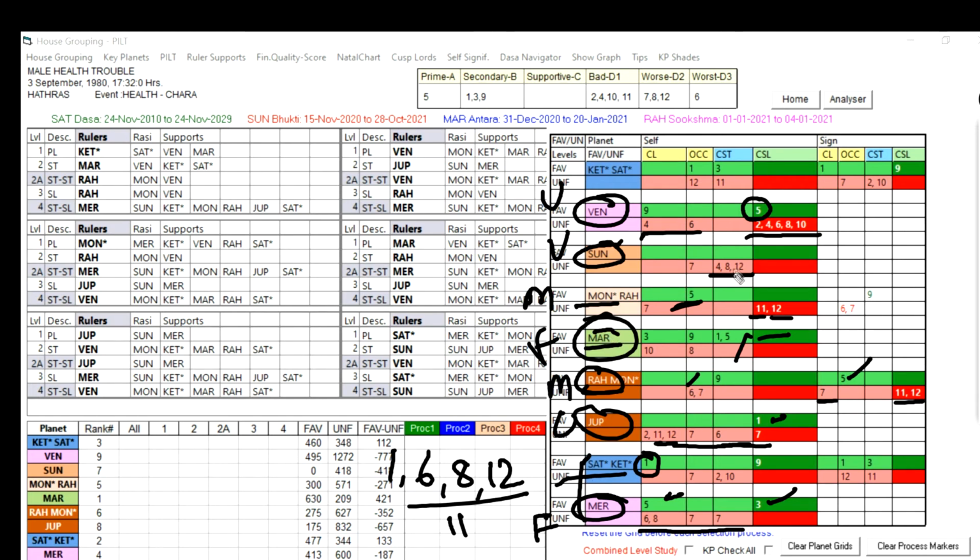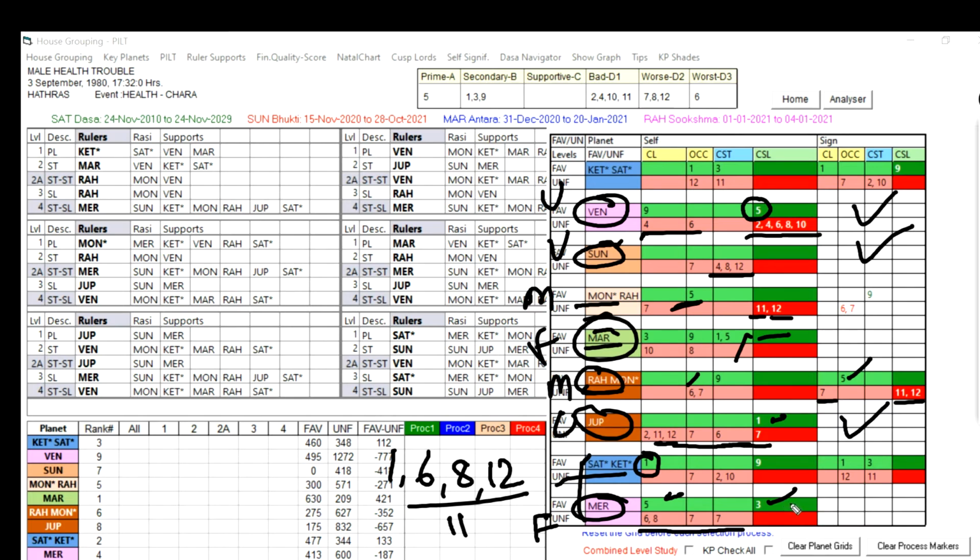So the unfavorable key planets are Venus, Sun, and then Jupiter. Importantly, Venus, Sun, and Jupiter. And Mars we can take as favorable, and Mercury also we can take as a supportive key planet.